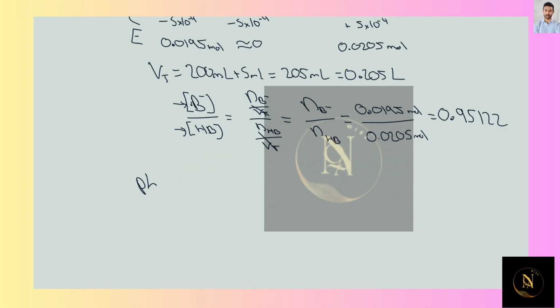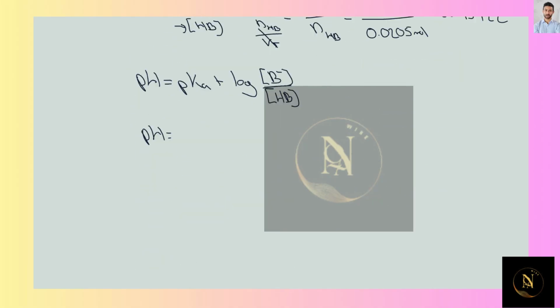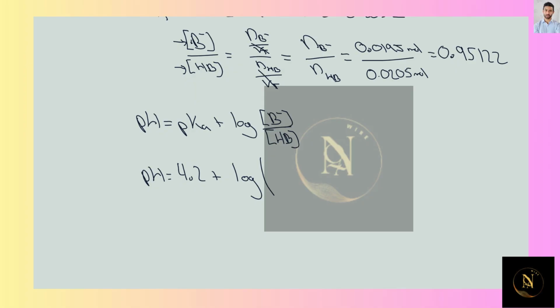So we can turn back to our Henderson-Hasselbalch equation. I'm going to rewrite it here just for the sake of clarity, and we're going to replace the values that we found. So pH is equal to the pKa that we calculated over here, that is 4.2, plus the logarithm of the number that we just calculated, 0.95122.